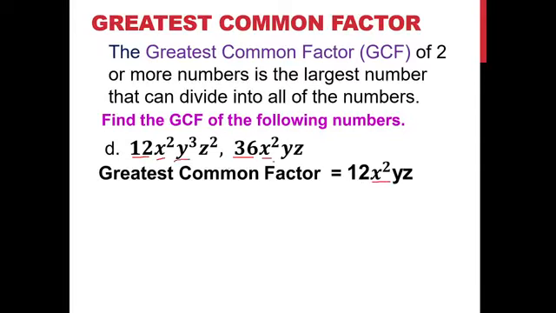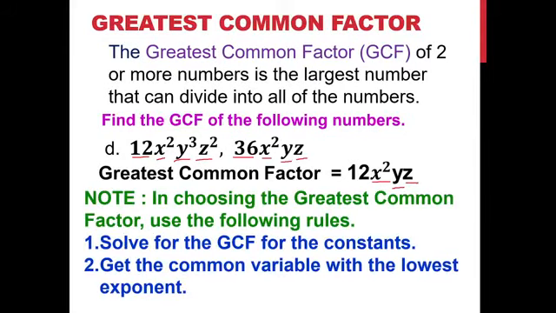For x cubed and y, it's y. For z squared and z, it's z. So take note, in choosing the greatest common factor, use the following rules. Number 1, find the GCF of the constant. Then the second step is to get the common variable with the lowest exponent.